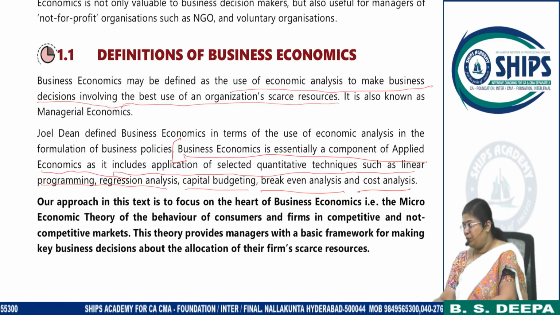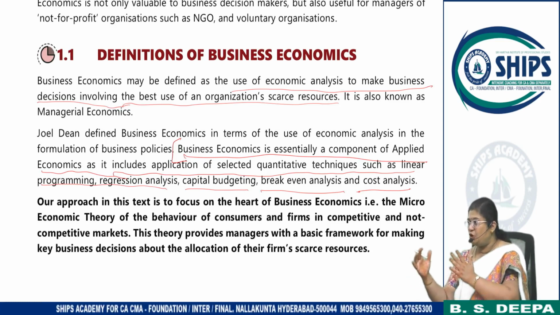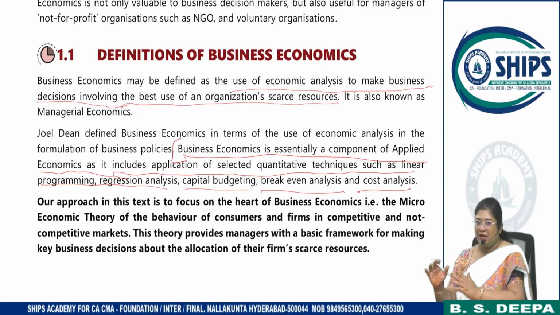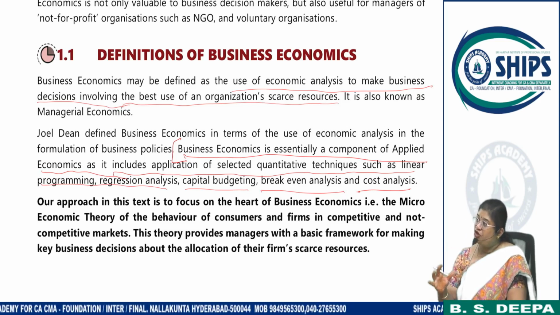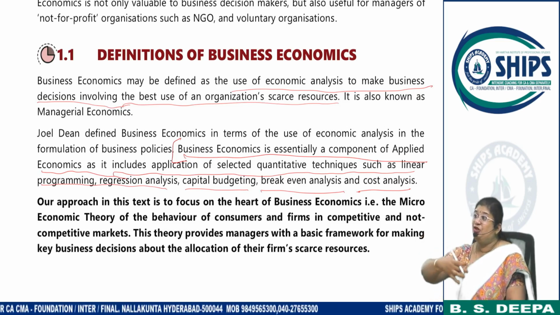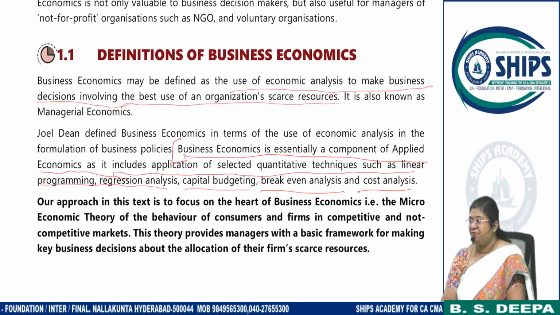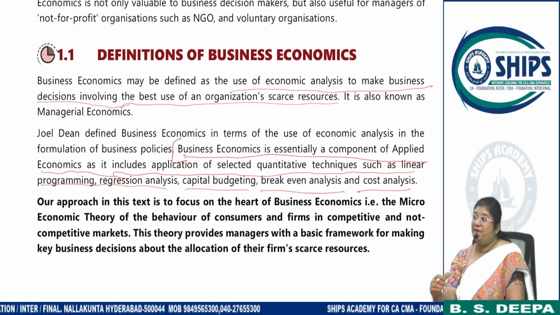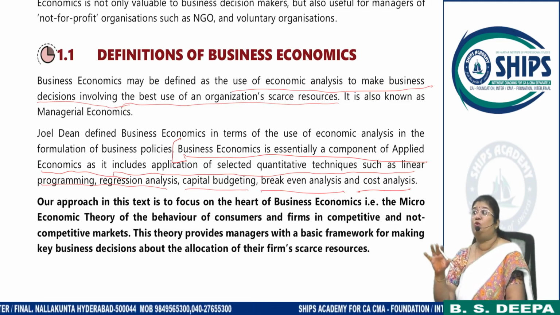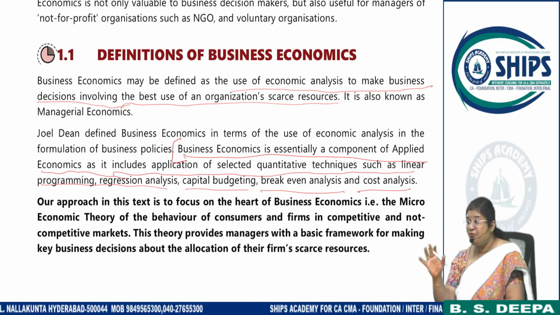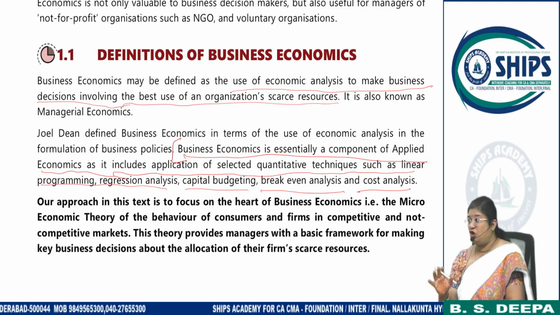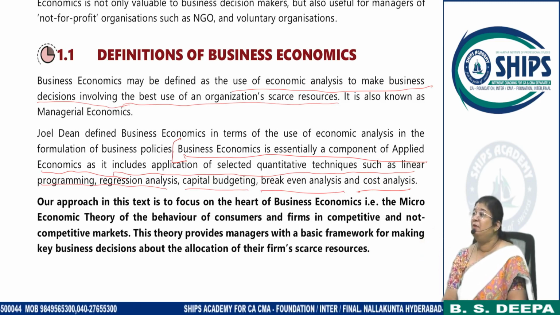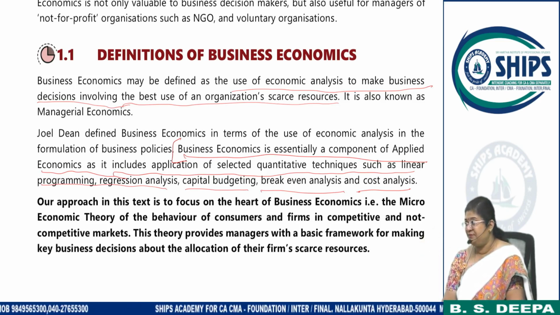And some talent pool, that is, whoever are the people in the organization. Now we have to ensure that we make best use of these resources, right? So how to make the best use of these resources without wasting them? That is where the decisions of a business will be based on whatever we learn in business economics.